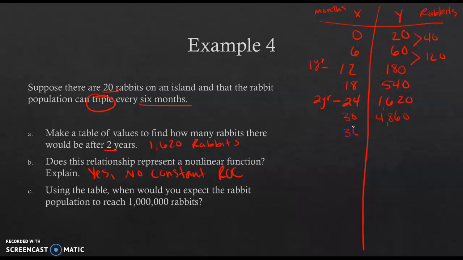We add another 6 months, so 36. So we're at 3 years. We get 14,580 rabbits. At another 6, we're at 42 months, and that is 43,740.